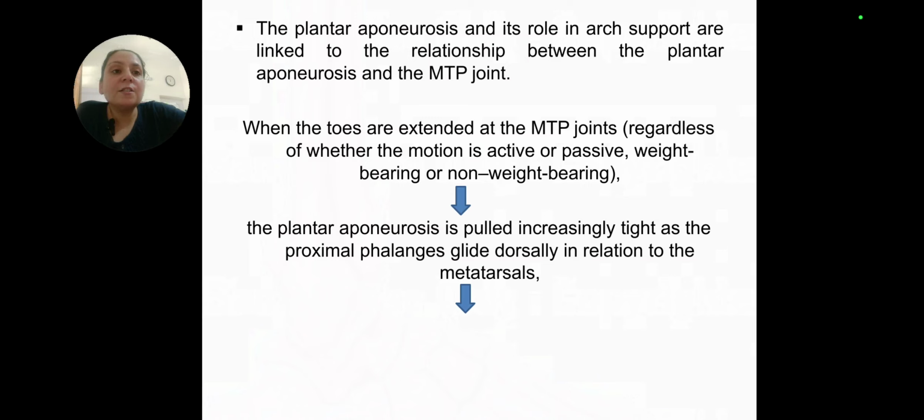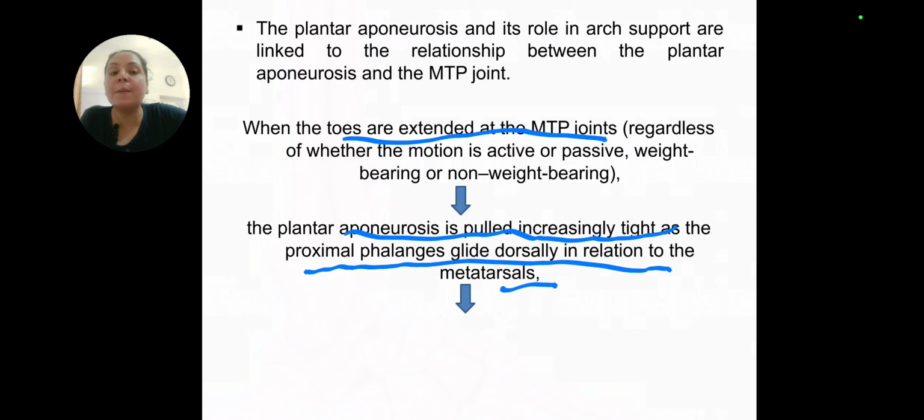So the plantar epineuritis and its role in arch support are linked in the relationship between the plantar epineuritis and the MTP joint. Remember, when the MTP goes into extension, the plantar epineuritis increasingly becomes tight, as the proximal phalanx glides in relation to the metatarsals.